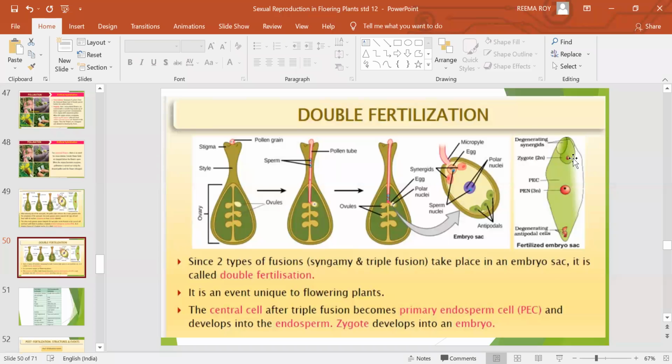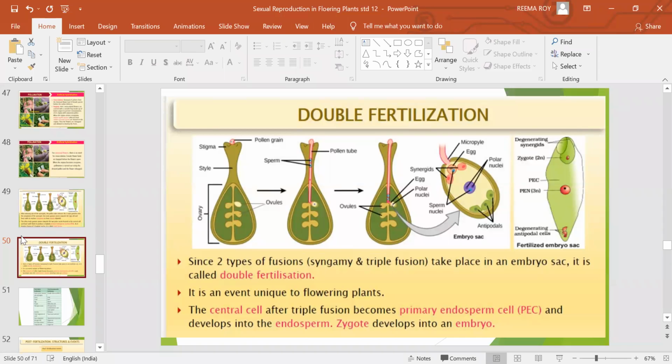Zygote उसके बाद क्या होएगा? After fertilization, it will form what? Embryo. We will learn about them in later slides. So here PEN, PEC, endosperm हो जाएंगे and zygote will form after fertilization into an embryo.